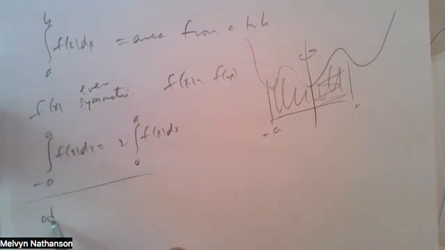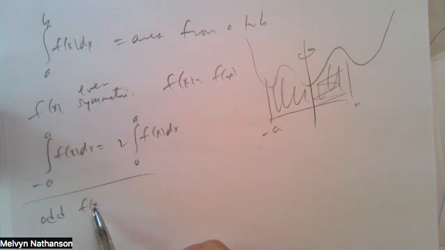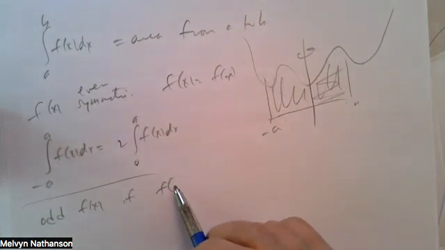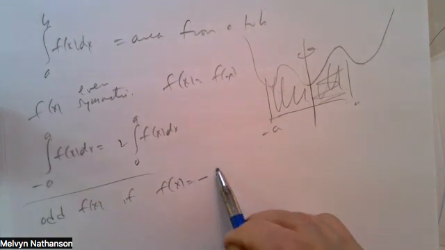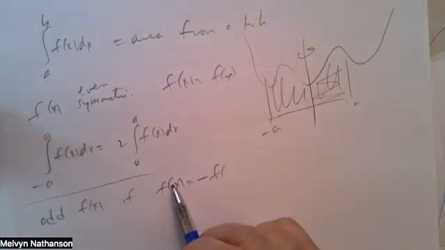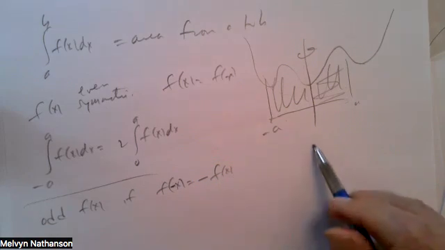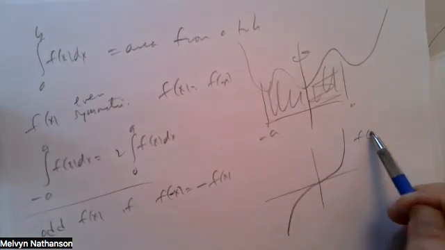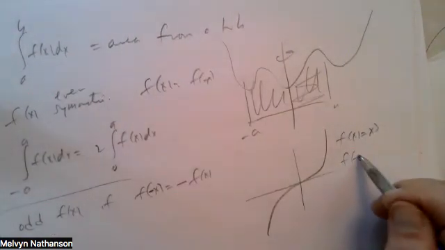An odd function: f of x is odd if f of minus x is minus f of x. So for example, a function like f of x equals x cubed, what is f of minus x?